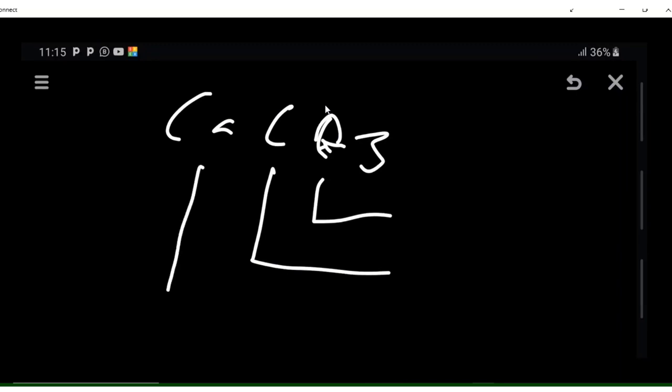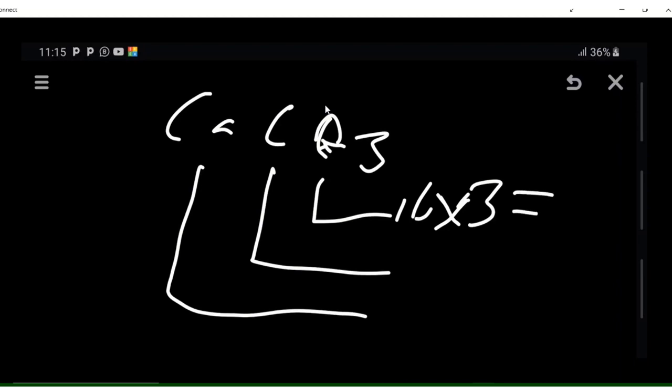The mass of oxygen is 16, and 3 is the subscript, so you multiply by 3: 16 times 3 gives 48. Carbon is 12.01 multiplied by 1, so it stays the same.